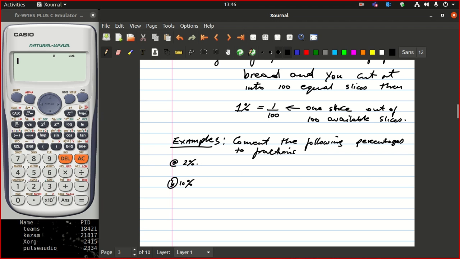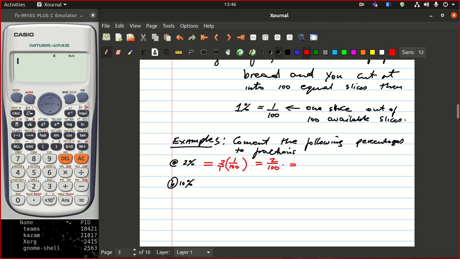So we want to convert this, which means that 2% is just the same as 2 times 1%. We know 1% is 1 over 100, and 2 is the same as 2 over 1. 2 times 1 is going to be 2 over 100.